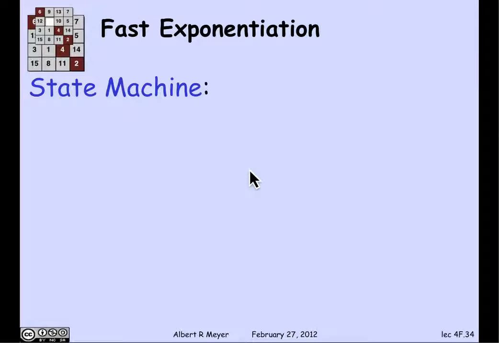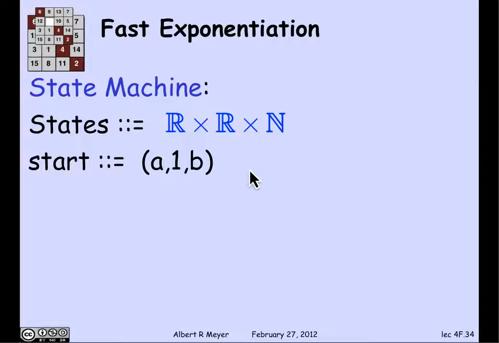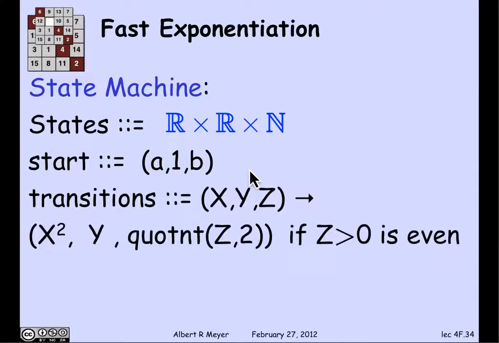So what matters about this fast exponentiation algorithm as a state machine is that, first of all, there are 3 states, 2 real numbers, and a non-negative integer. And the start state is going to be that the number a is in the first coordinate of the state, 1 is the real number in the second coordinate, and b, the target exponent, is the non-negative integer in the third component. The transitions are going to be as follows.